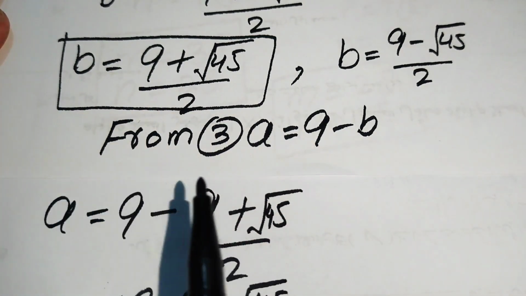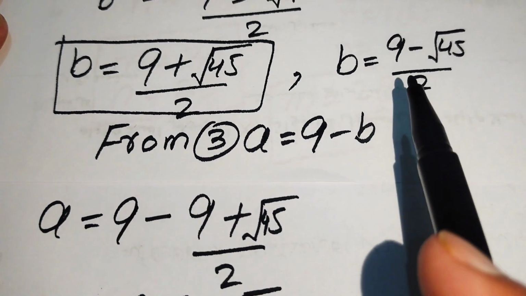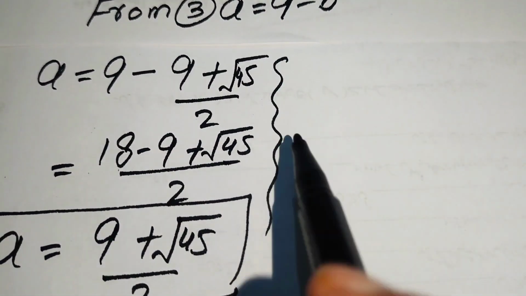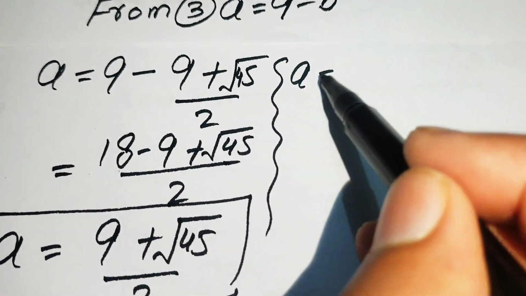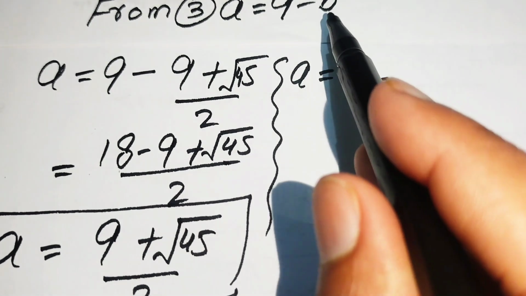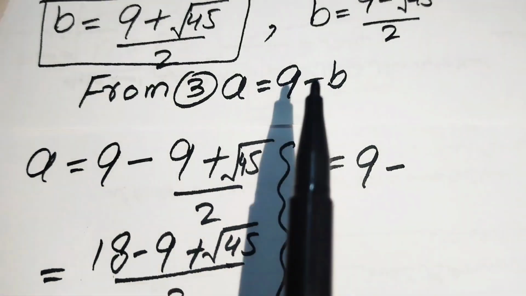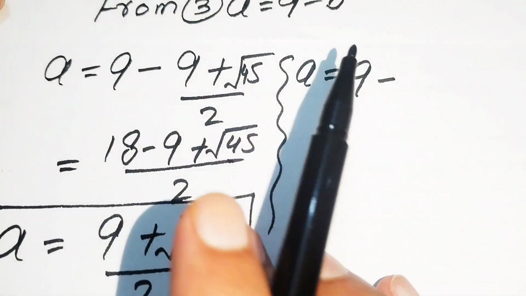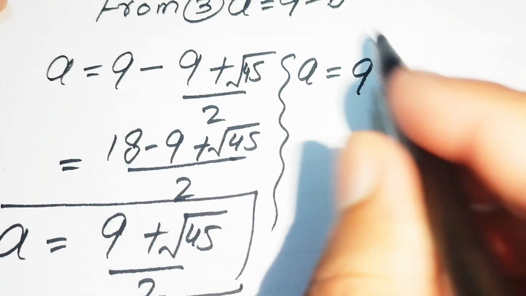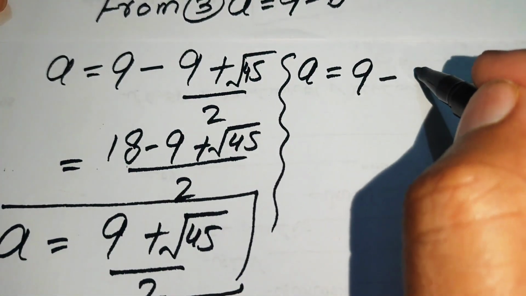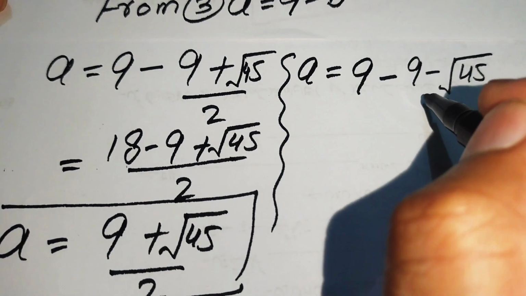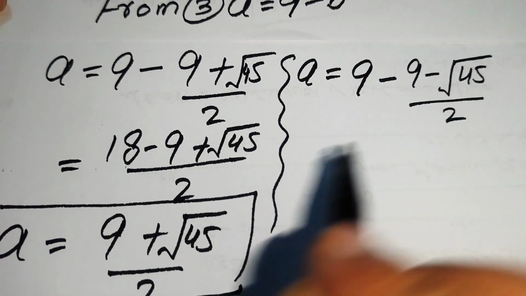Similarly, in the second case we have a equals 9 minus b, where b is 9 minus square root of 45 divided by 2.